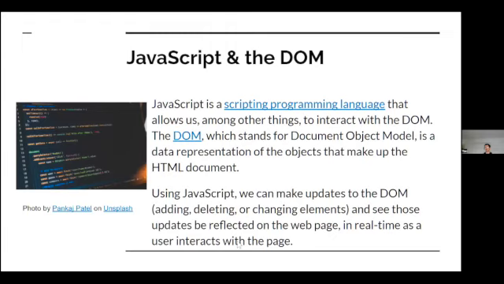And it's a data representation of the objects that make up the HTML document. And don't worry, you've got to look more into it as you start the course. As you Google more on these terms, like the DOM, you'll find out more. So don't worry, this is just very, very intro, some of these terms.